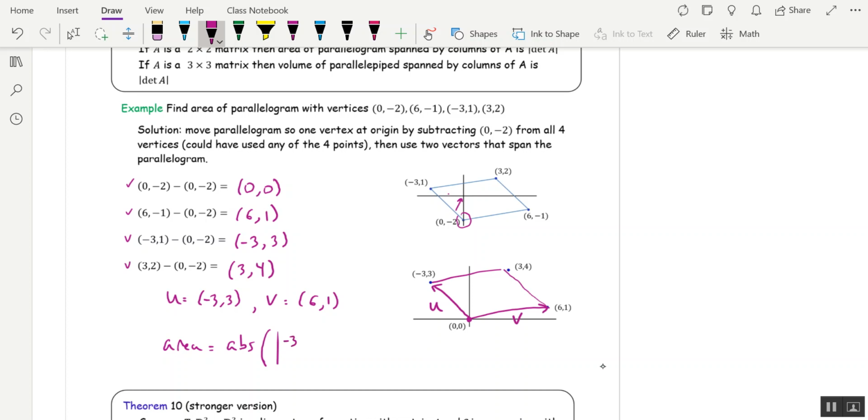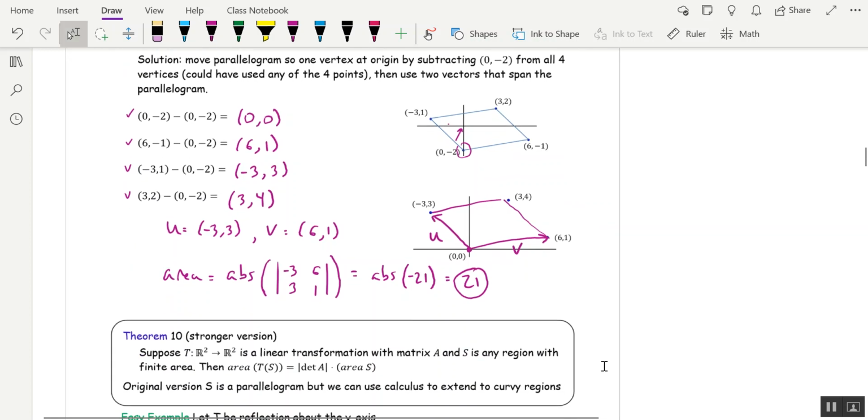So negative 3, 3, 6, 1. And I'm using absolute value there instead of double bars. Okay, and that's the absolute value of negative 3 minus 18 is negative 21, which is 21. And if you'd switched the labels u and v, you would have gotten absolute value of positive 21. You would also get 21.